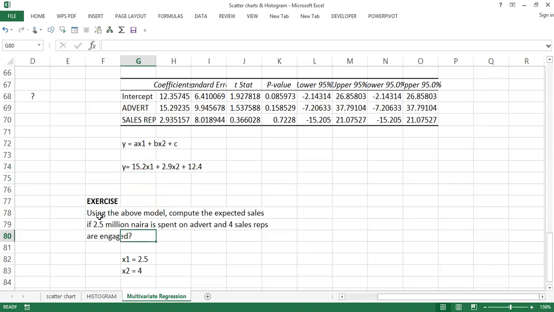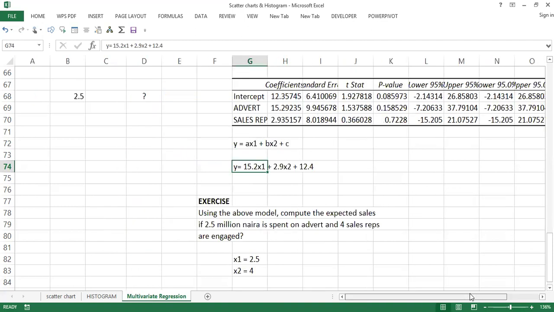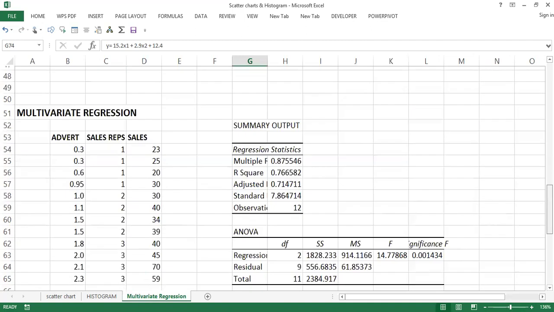So this question now says, using this model, compute the expected sales, or we could say forecast the sales, if 2.5 million naira is spent on advert and 4 salespeople are engaged. Look at the table that we used to create the model.